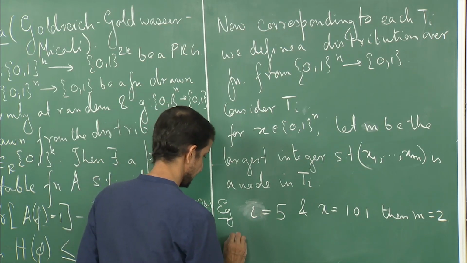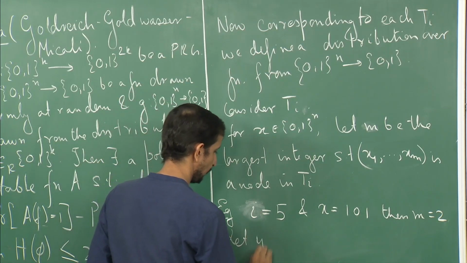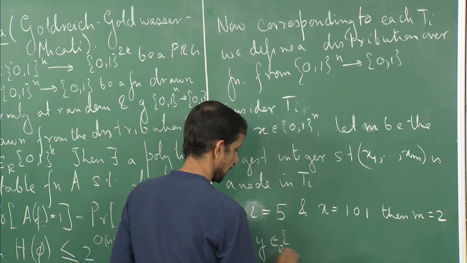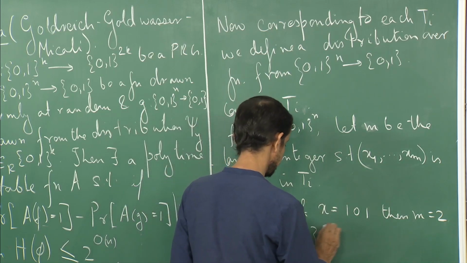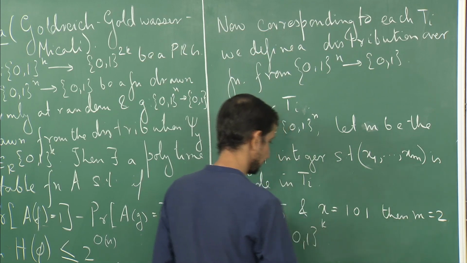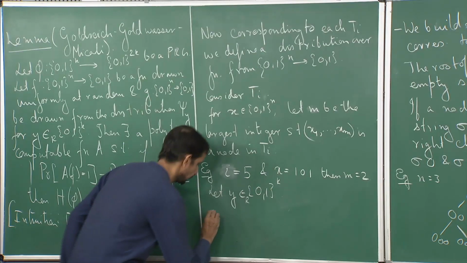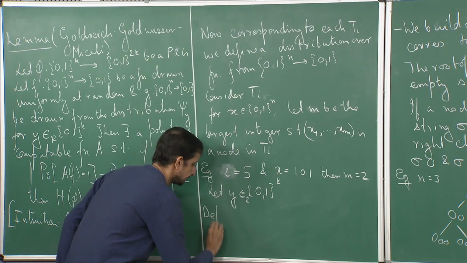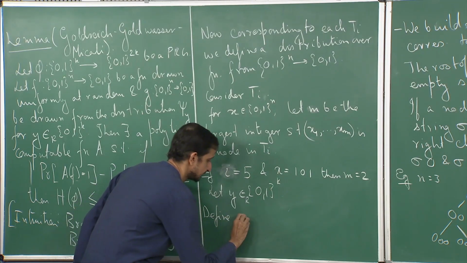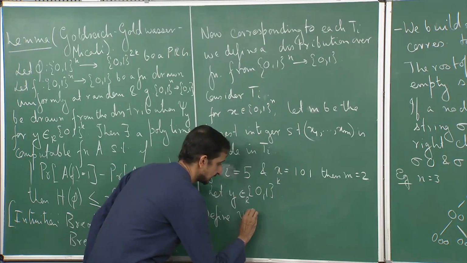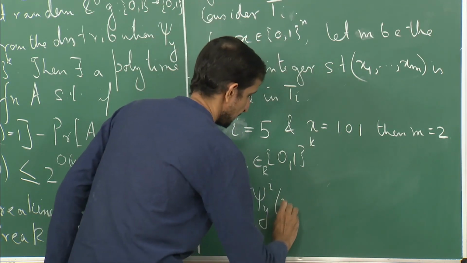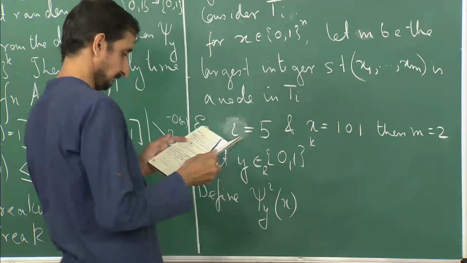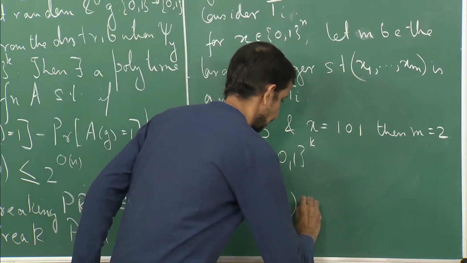Let y be a string chosen randomly from 0 1 to the power k, and now I define the function psi i y of x as follows.